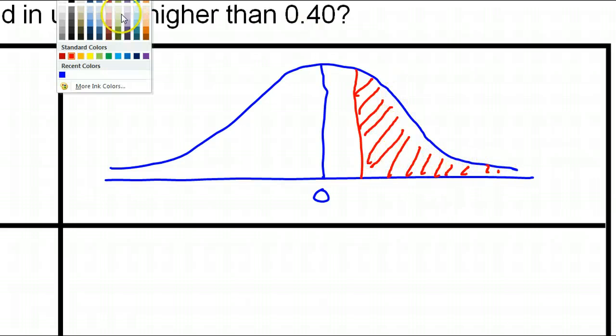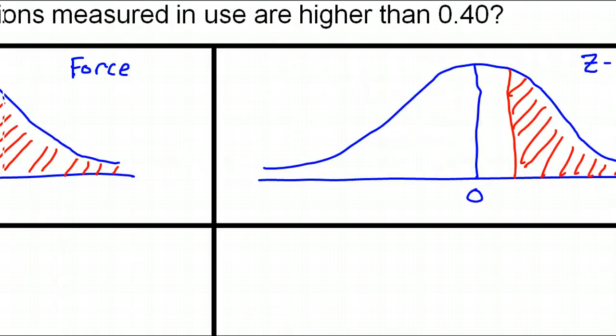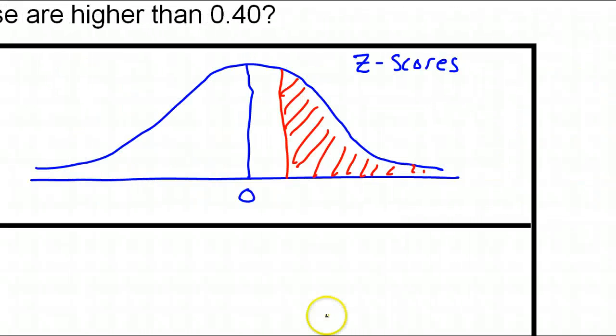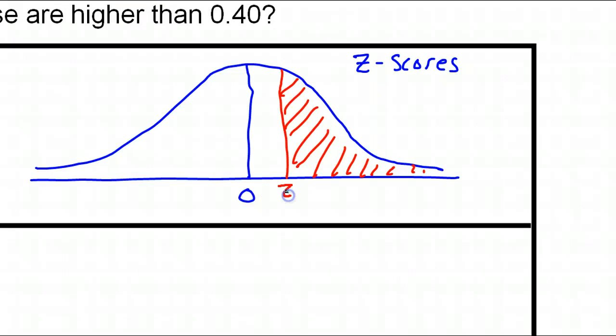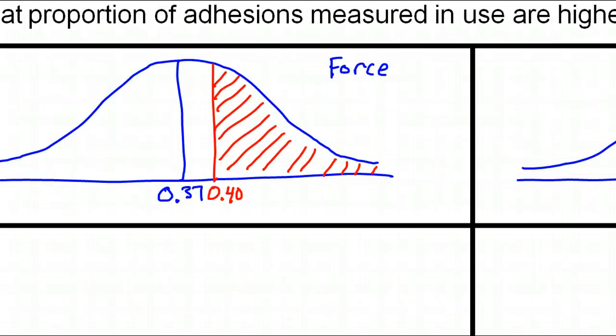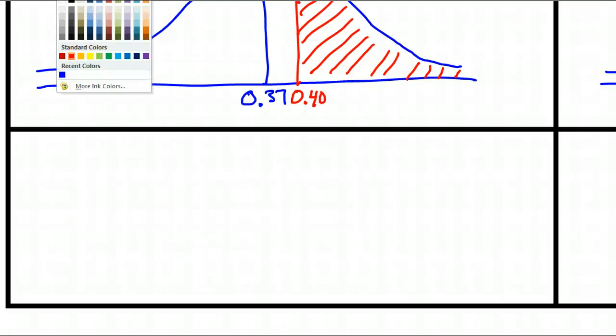Alright, very important. You must label this z-scores. Alright, if you don't label it, you will lose a couple points. So I don't know this z-score yet, but by golly, I'm going to find it. In fact, I'm going to find that z-score right now, because here's where I do my calculations.